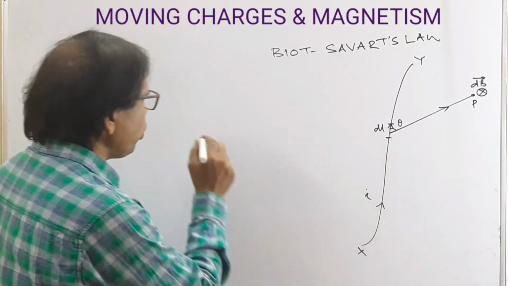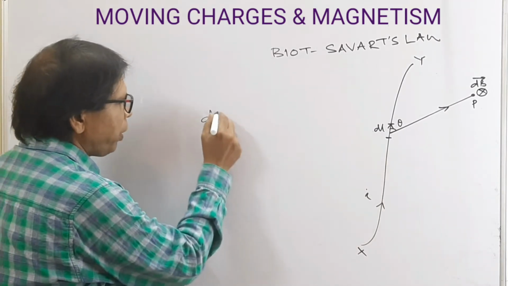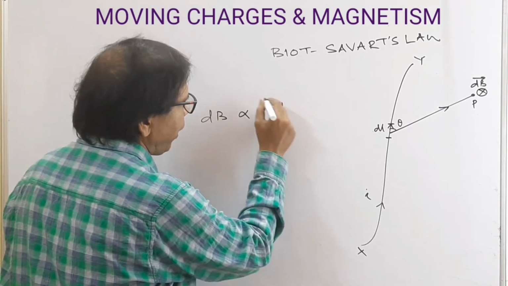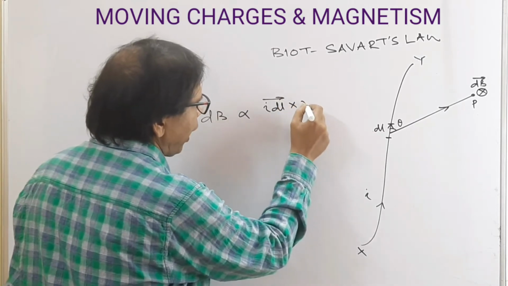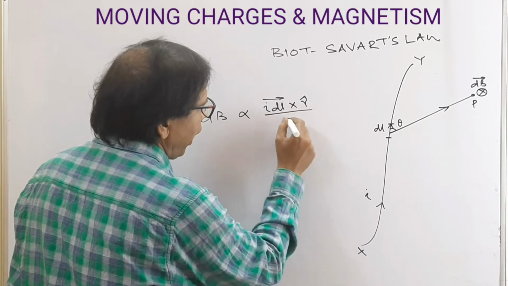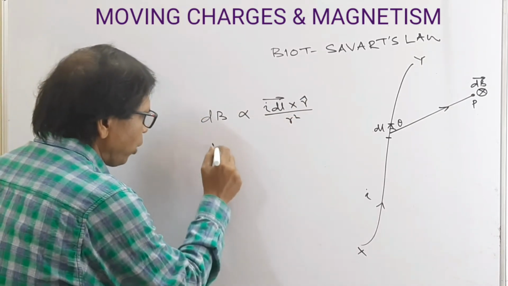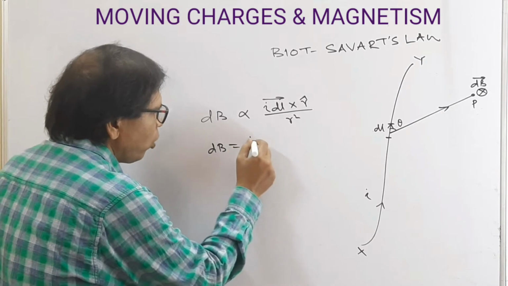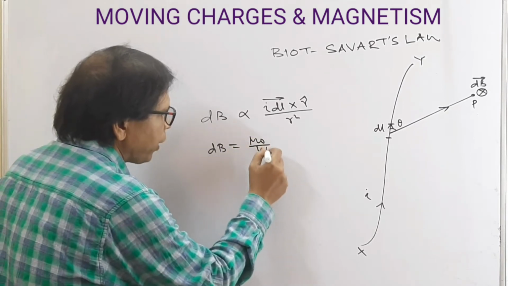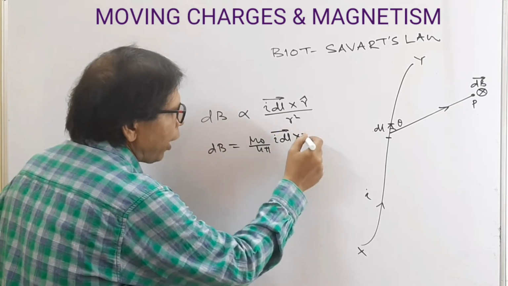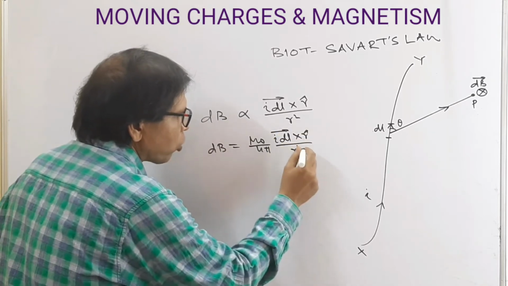So dB vector is proportional to I dl vector cross r cap divided by r squared. Now dB equals mu naught by 4 pi, I dl vector cross r cap divided by r squared.